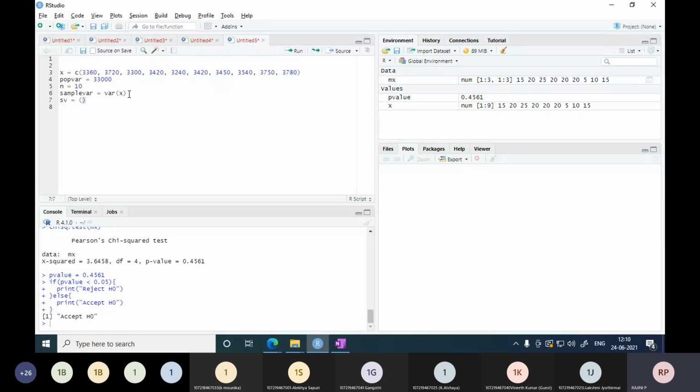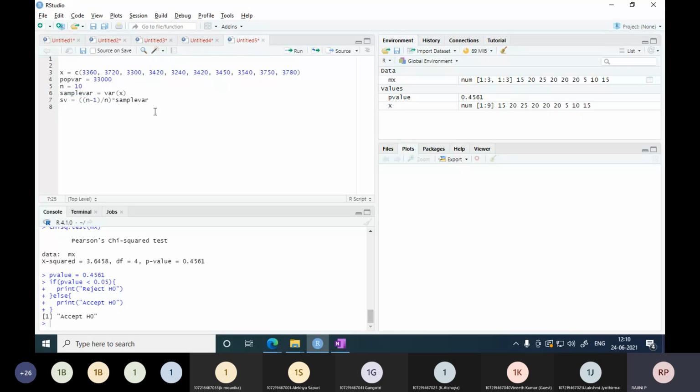Open the bracket, n minus 1 divided by n. And for this also you need to give a bracket, otherwise the multiplier will be taken to the denominator, into whatever you calculated, the variance of x, that is the sample variance. Copy this and paste here.